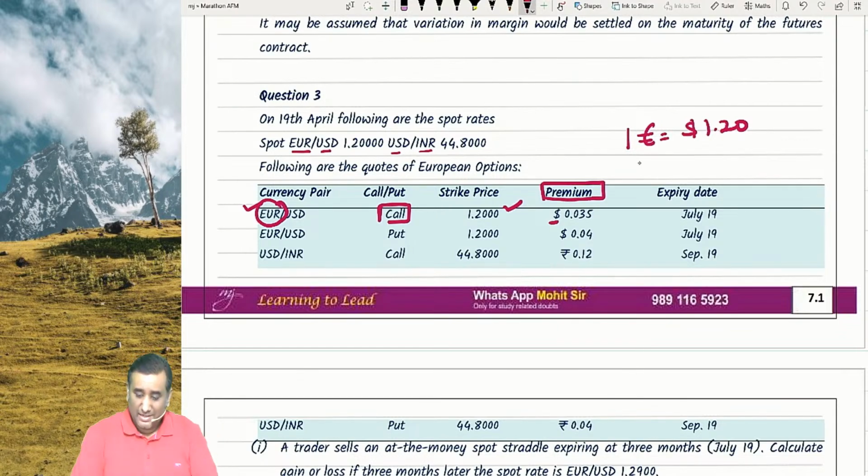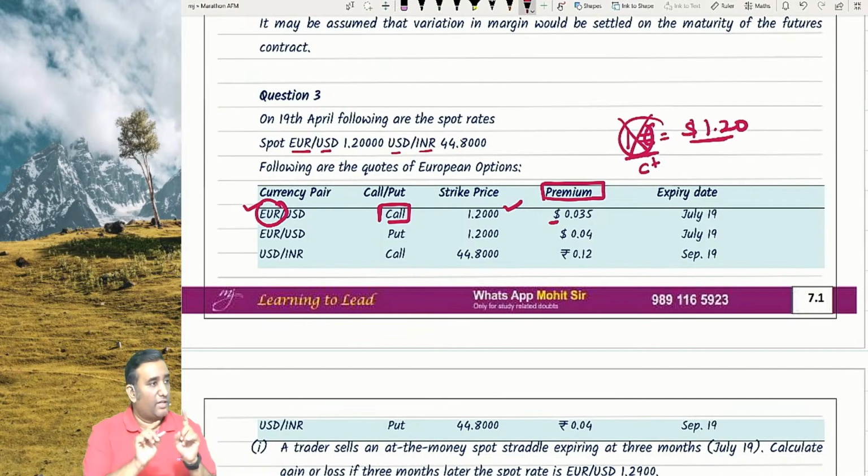Similarly, read the language: this is a share I'm buying. Let's suppose I'm buying C plus on a share at what rate? 1.2. Profit will come when the price goes above 1.2. Do not look at this, it is irrelevant for you now. Once you identify in the question which is the commodity, assume that to be a share, the right-hand side is a price, and then come to the normal.